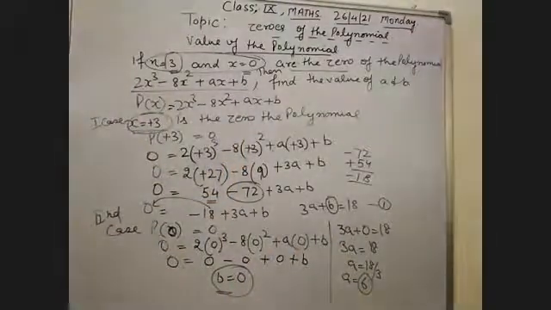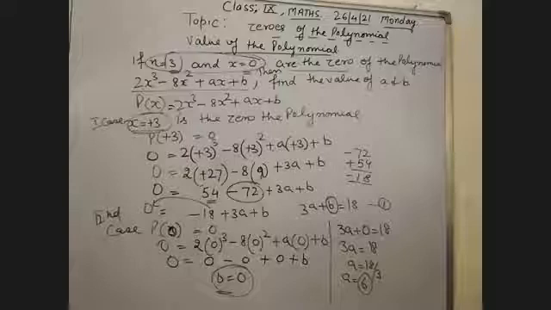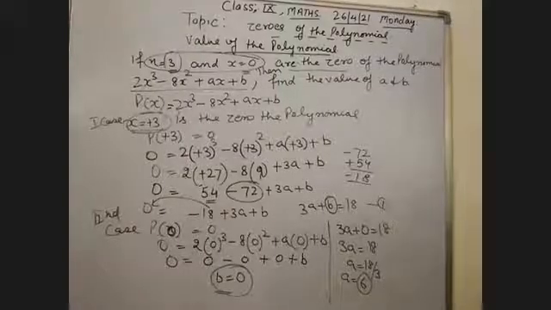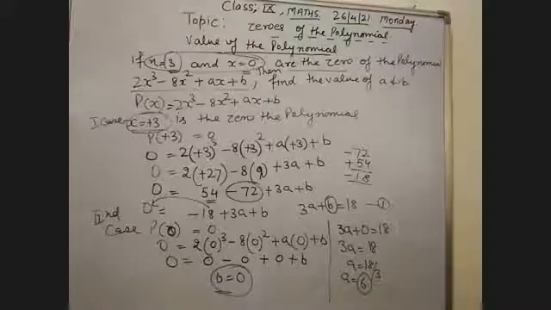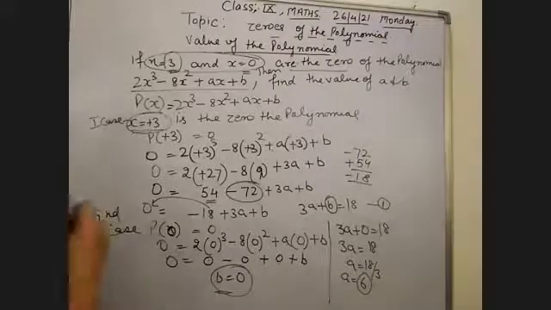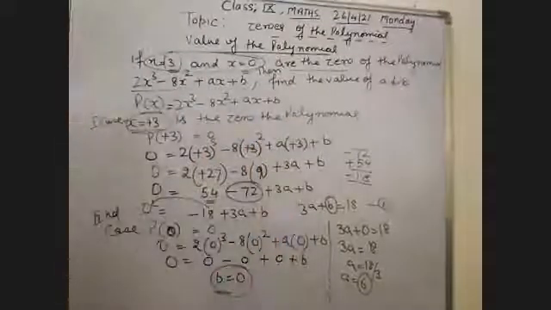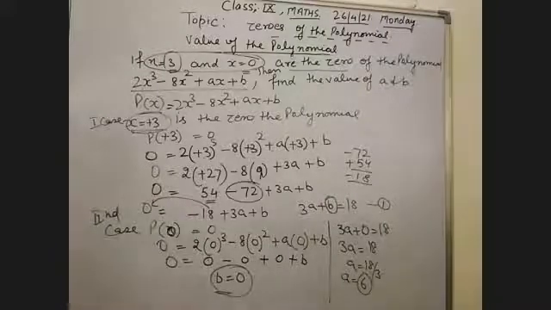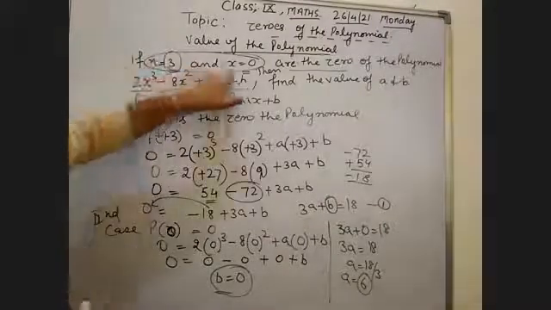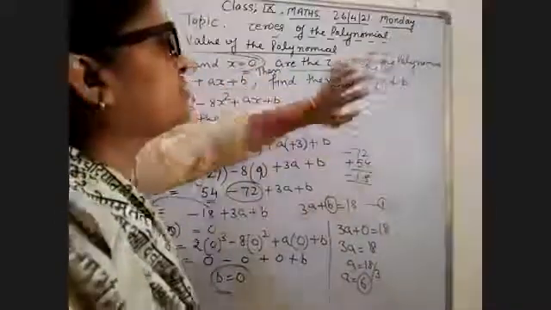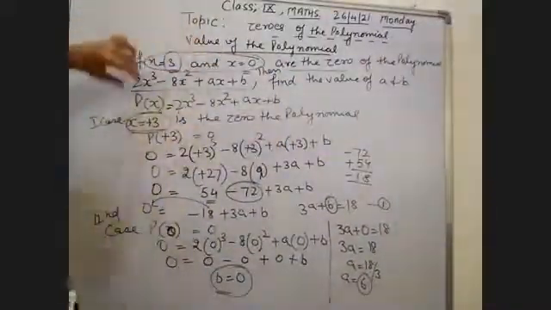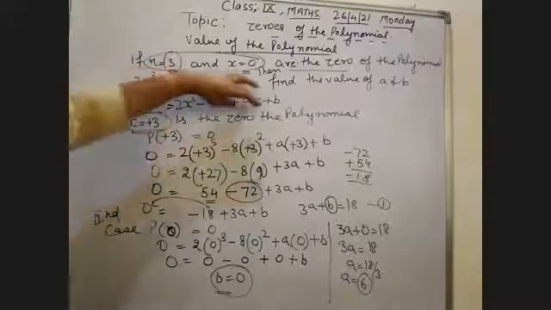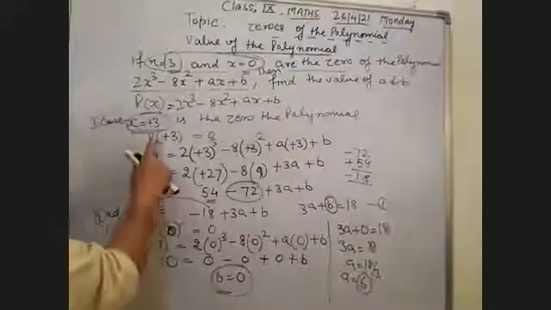So how will we find the two values of a and b? x equal to 3 and x equal to 0 are the 0s of the polynomial. I am repeating this question, the last question of this topic. If x equal to 3 and x equal to 0 are the 0s of the polynomial, then when x equal to 3 is the 0 of the polynomial, it means p of 3.